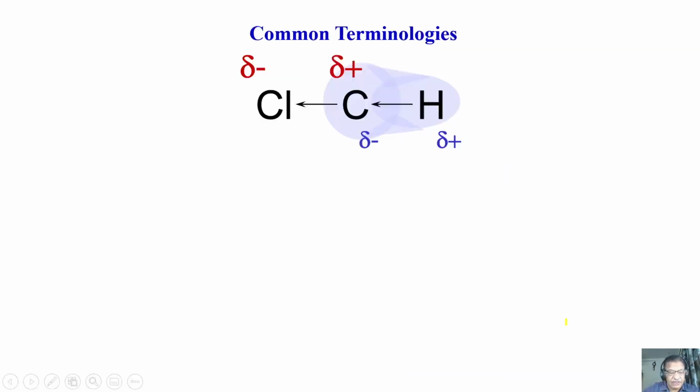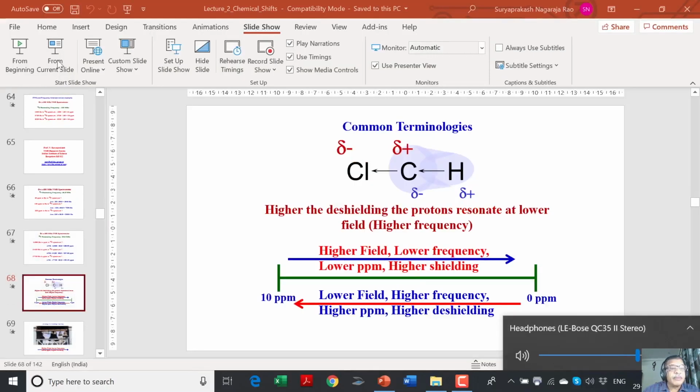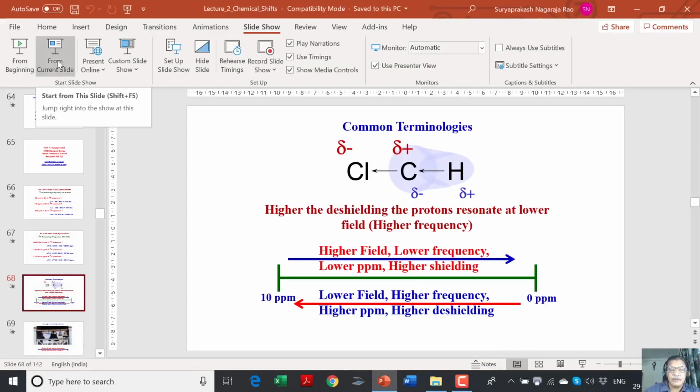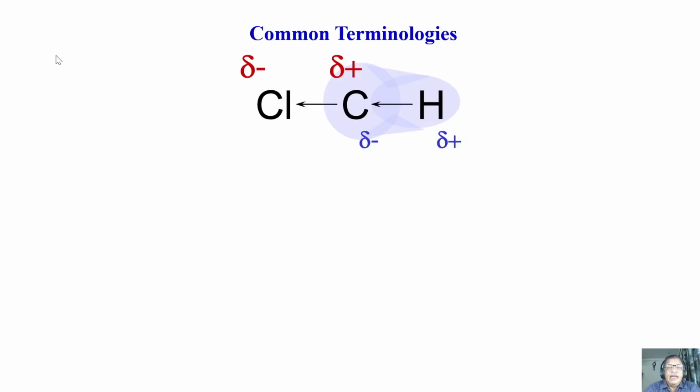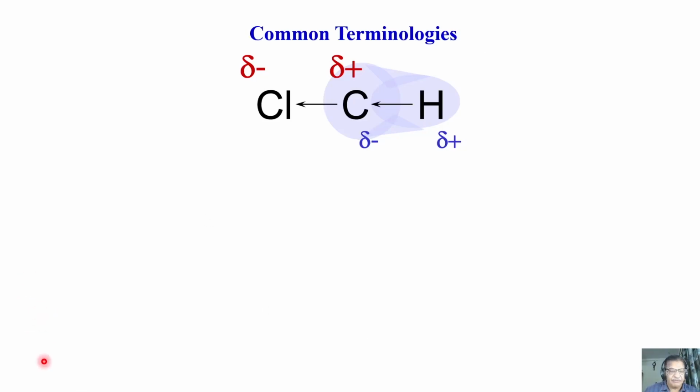Now let us continue further. Let us use some common terminologies normally used in understanding the high field, low field concept, what is shielding, what is de-shielding, etc., which are commonly used in NMR.